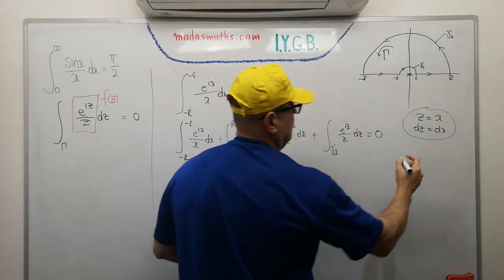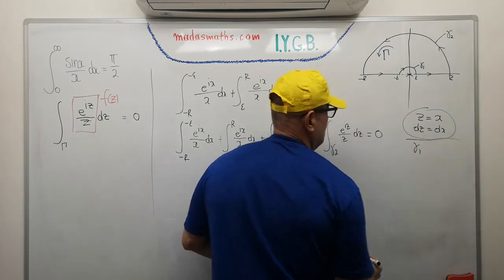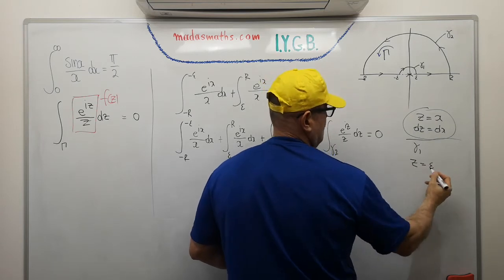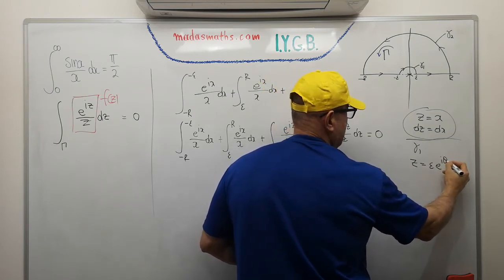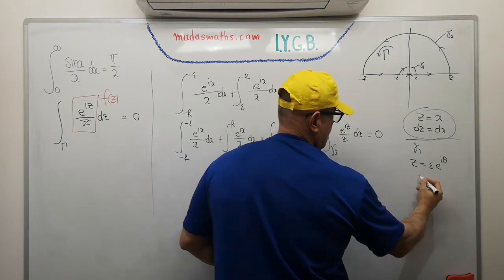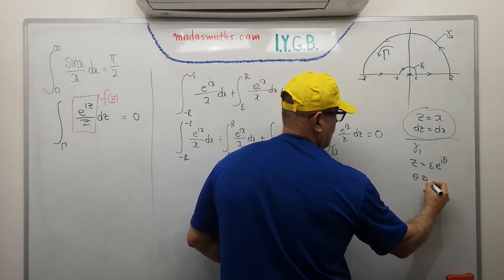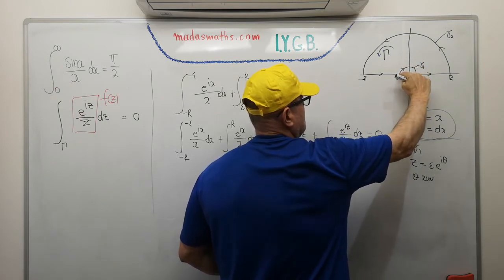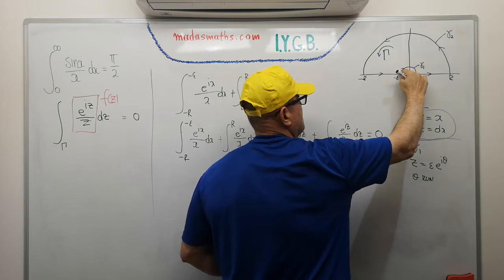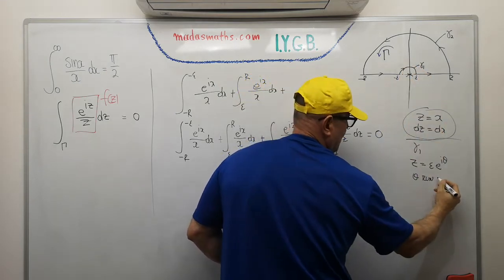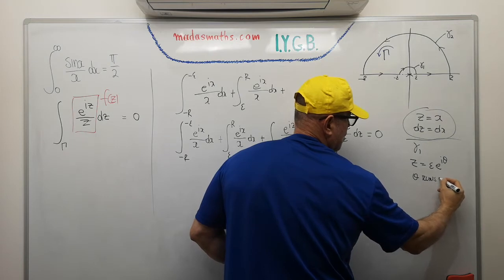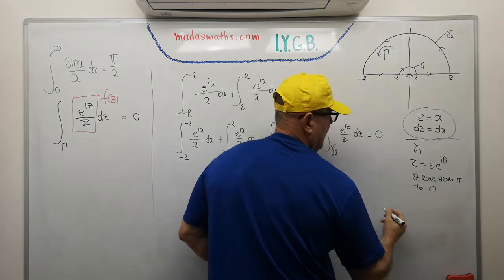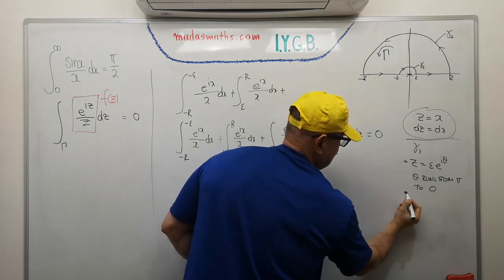So along gamma 1, our z is going to be epsilon, that's the radius of the circle, e to the I theta, and our theta will run, because we're going in this direction, from angle pi in the parameterization, from pi to 0. So it runs from pi to 0.